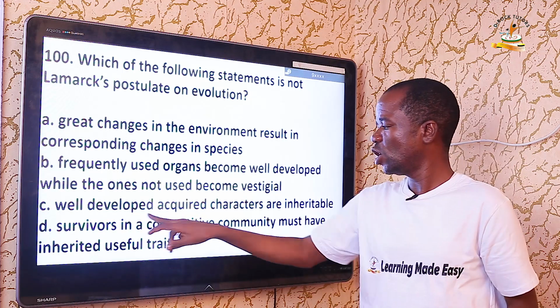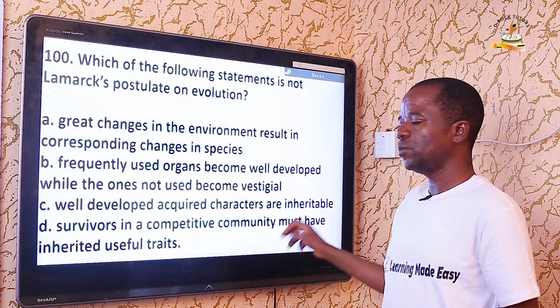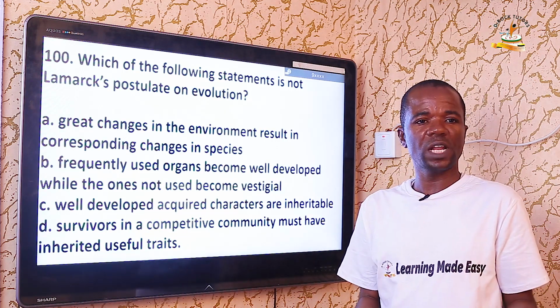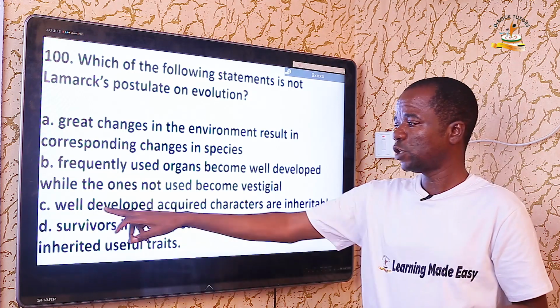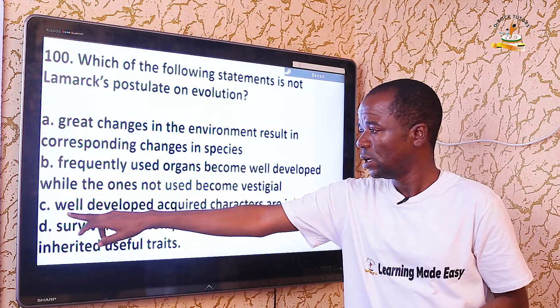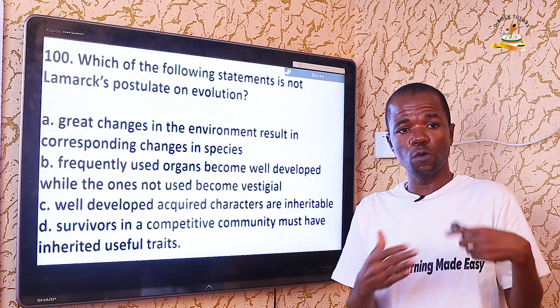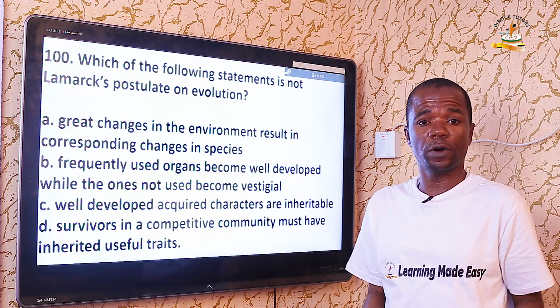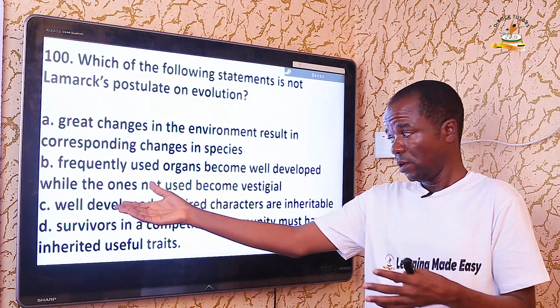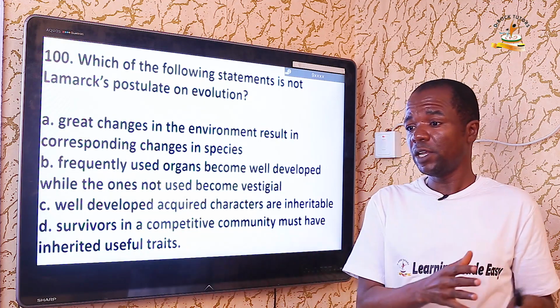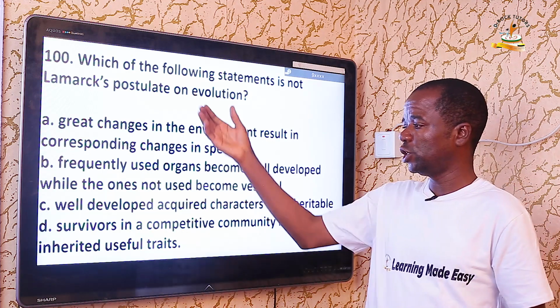Not only that, well-developed acquired characters are inheritable. That is another postulate of Jean Lamarck. Don't forget that this particular postulate, that well-developed acquired characteristics are inheritable, has been proven to be fallacious, to be incorrect, because they are not. Acquired characteristics are not actually inheritable, but that's one of the postulates of Jean Lamarck.